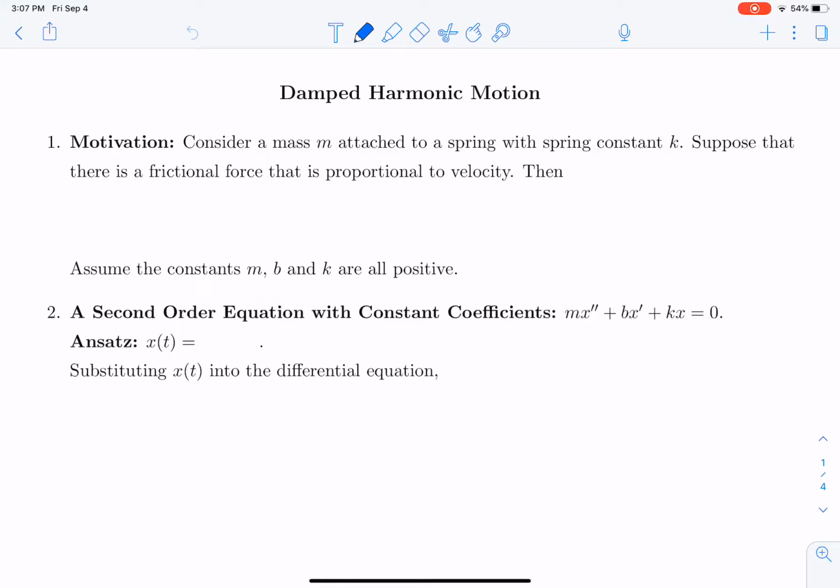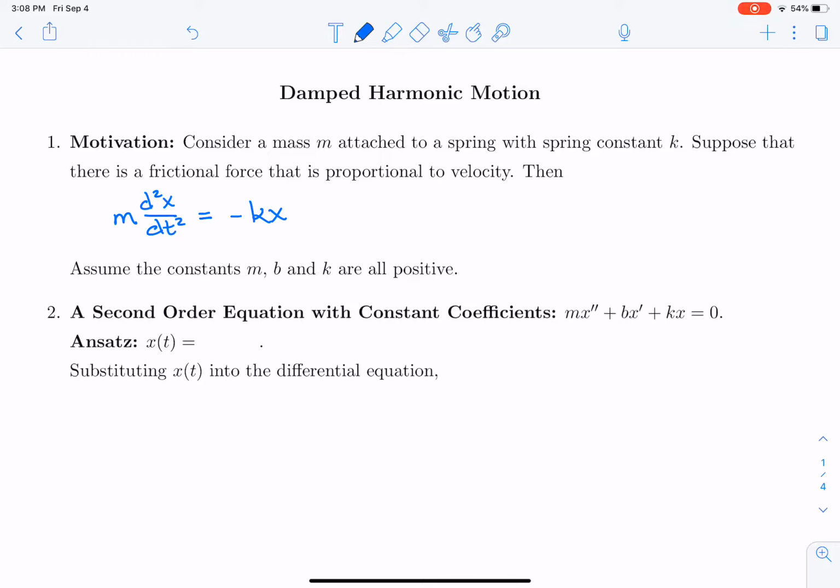So what we have here is that m, mass, times acceleration, which is d squared x dt squared, is going to equal minus k times x, because Hooke's law says that the force exerted by the spring is proportional to the displacement, and that constant is negative.